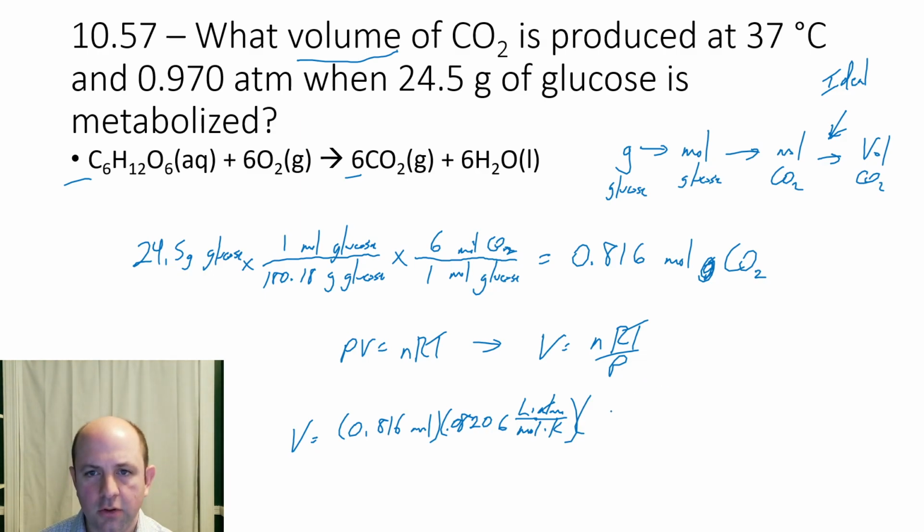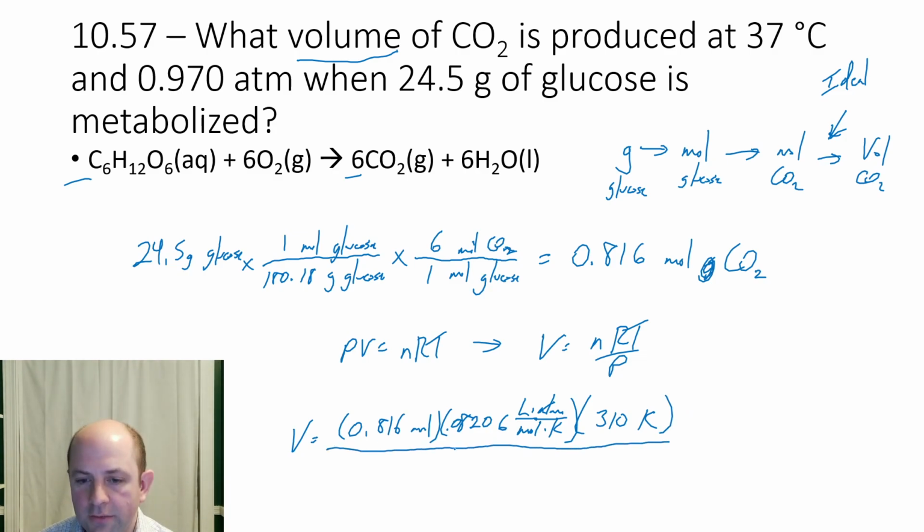The temperature, okay, we got to change that to Kelvin. Forgot to do that ahead of time. So 273 plus 37, that should be 310 Kelvin. There you carry the 1, yeah. And then pressure on the bottom, it was already in ATM, so we don't need to convert that. 0.970 ATM.